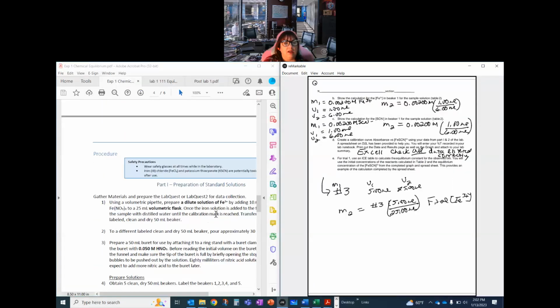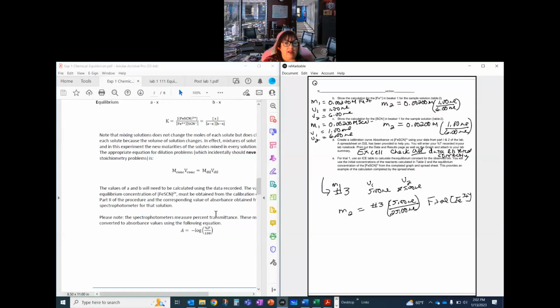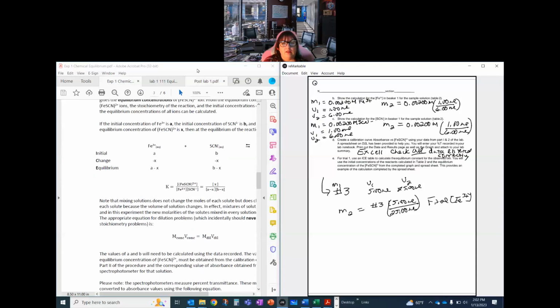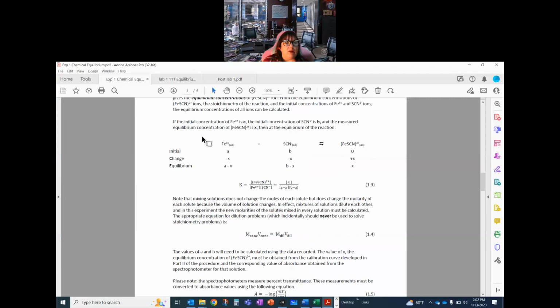Let's go up and look in the lab manual where we talk about that, this right here. What we have is an ICE table. I have an initial concentration of Fe3+ that they've listed as A, and an initial concentration of SCN minus, which they've listed as B. You can plug both of those in from the information from the lab, and your FeSCN2+ is 0.